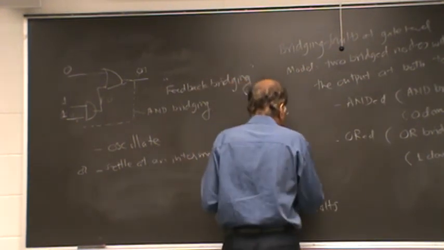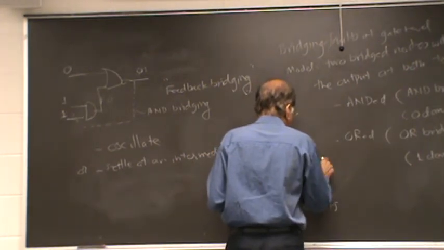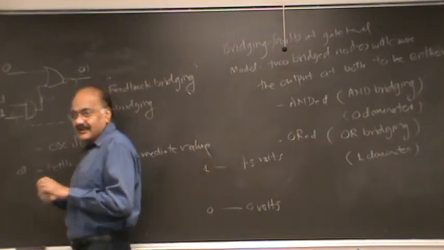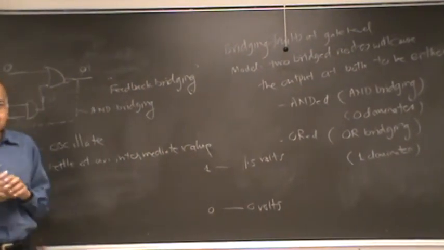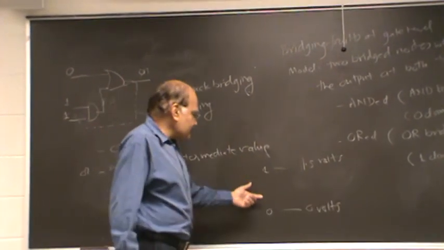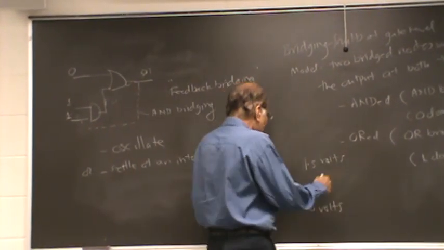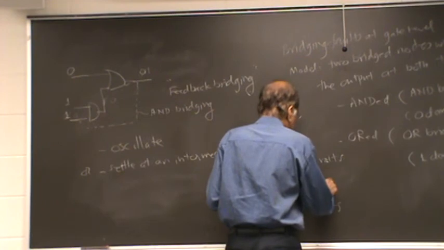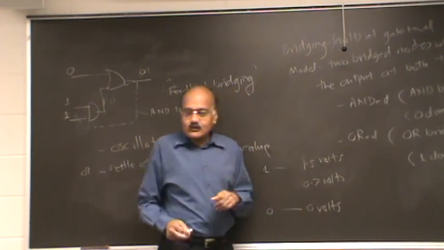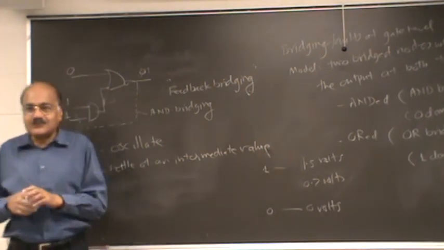So 1 is represented by, let me assume, 1.5 volts. There is a lower limit to supply voltage, which has to do with the characteristics of the transistors. So somewhere between 0 and 1 would be, maybe, 0.7 volts. Now, will it look like a 1 or will it look like a 0?